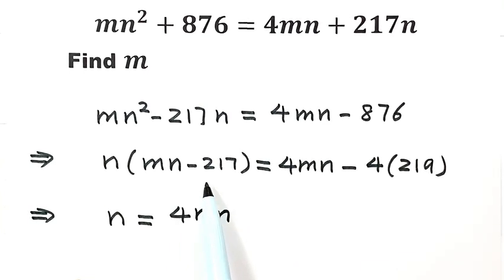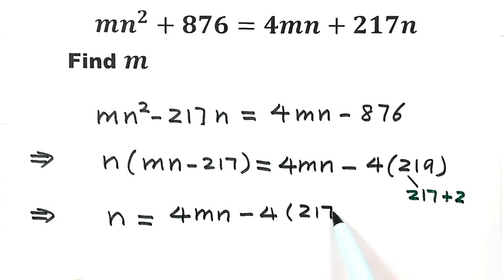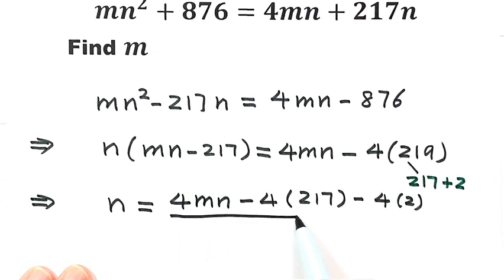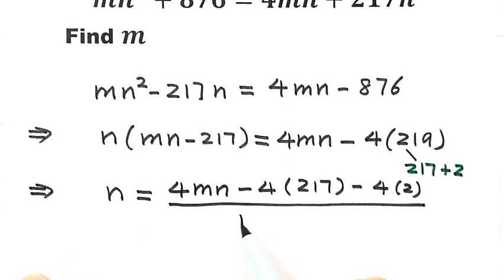Because here we have 217, then for 219 we can put it as 217 plus 2. Then here just minus 4 times 217, then minus 4 times 2, then divided by this part, that's mn minus 217.